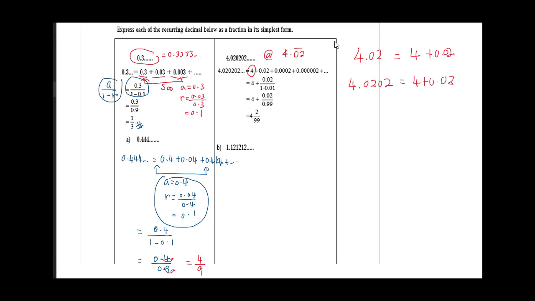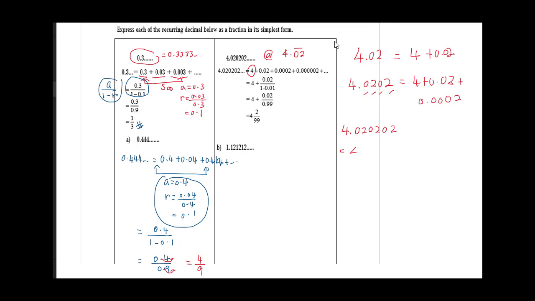And then for the next part, how do you reach it? 1, 2, 3, 4, the third and fourth decimal places. So it will be plus 0.0002. You get the point here? The same goes for 4.020202, with the third pair of 02.